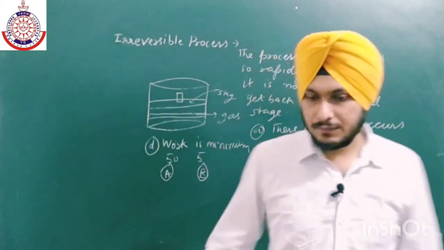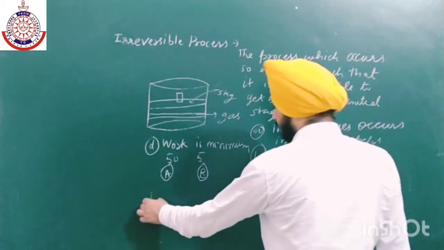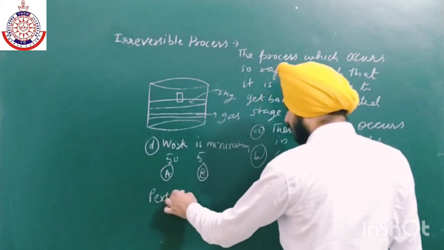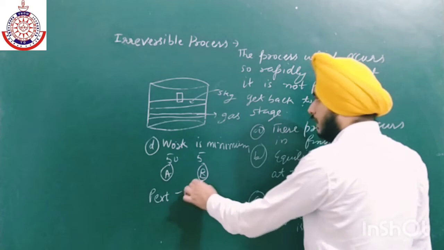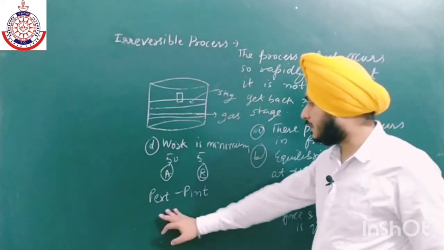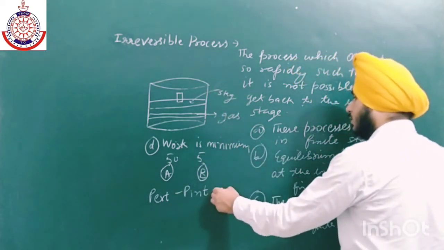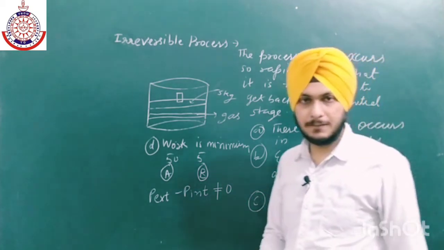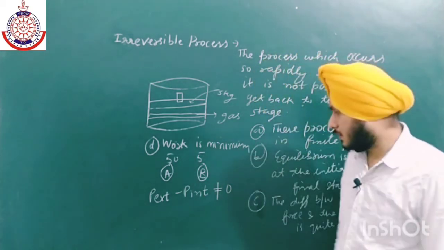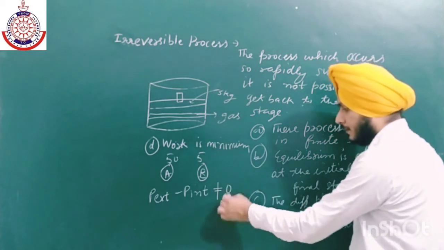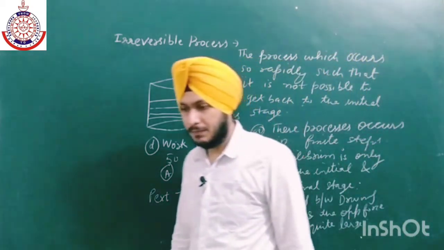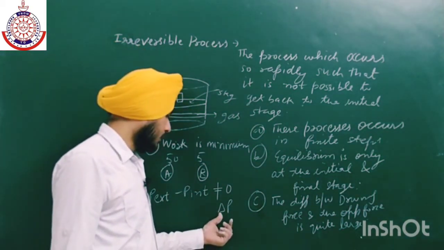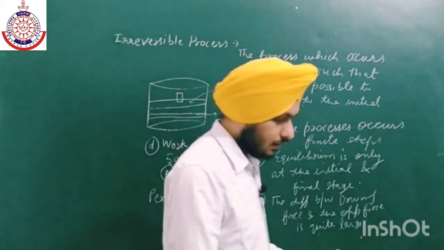In the compression case, P external minus P internal is not equal to 0, or the value is quite high. Let's say we have delta P, not dP, because delta is for a large change and d is for a small change.